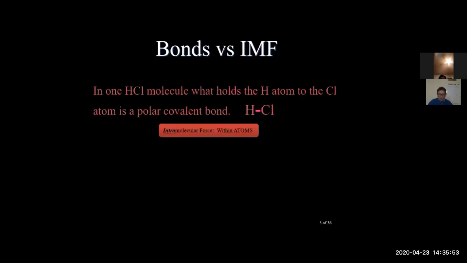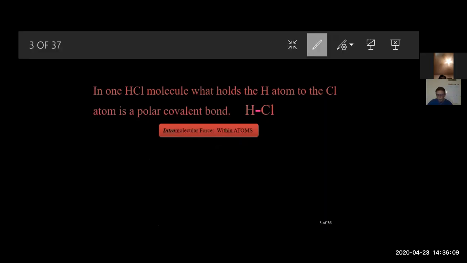Before we proceed, let's look at bonds versus IMF interactions. In this example, we have hydrochloric acid, one molecule, with a bond between the hydrogen and the chlorine. Refresh your memory about polar bonds and nonpolar bonds.